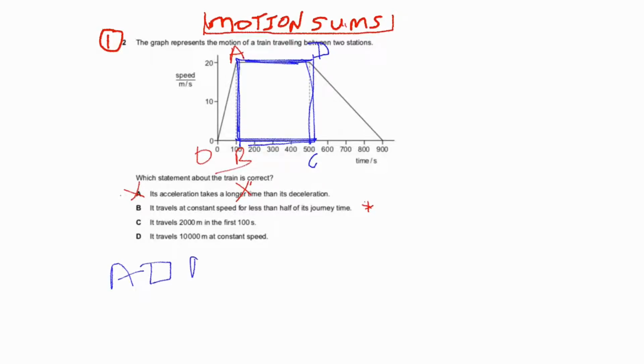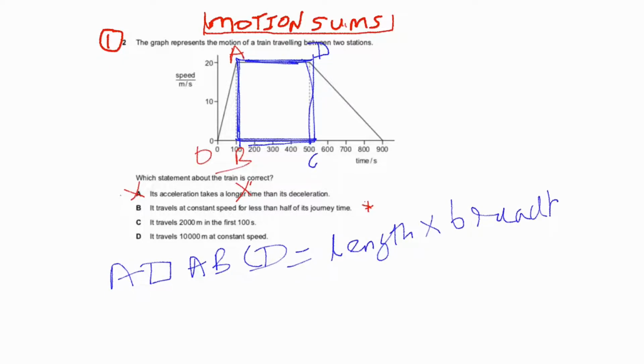So let's find out the area of quadrilateral ABCD, which equals length into breadth. The length is 500 minus 100, so it is coming 400. And the breadth is 20.